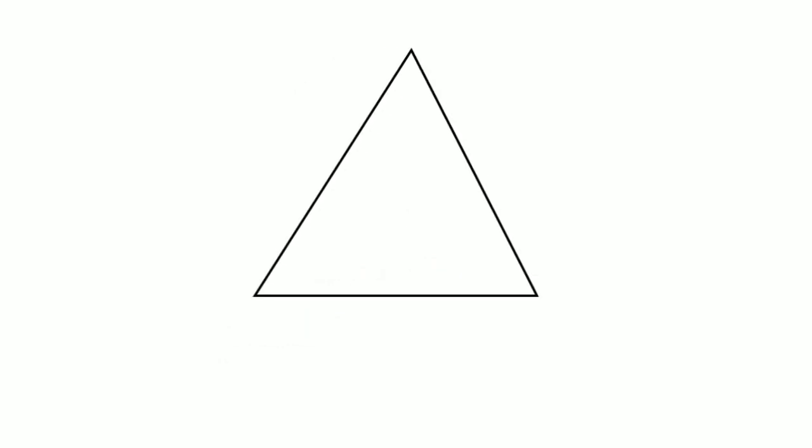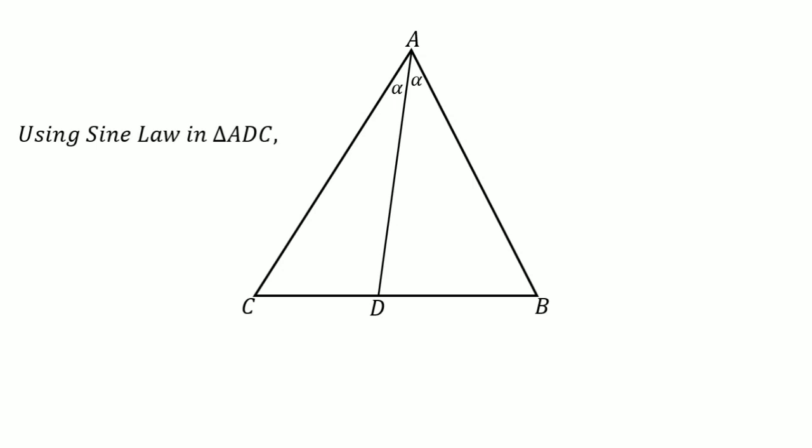Now we need to learn a technique which is famously known as the ratio lemma for solving our question. If we have a triangle ABC, we draw a line from point A to the side CB which intersects CB at D. If AD bisects the angle A, so that the bisected angles are alpha, then by using the sine law in triangle ADC, we can say sine of alpha divided by CD is equal to sine of angle ADC divided by AC.